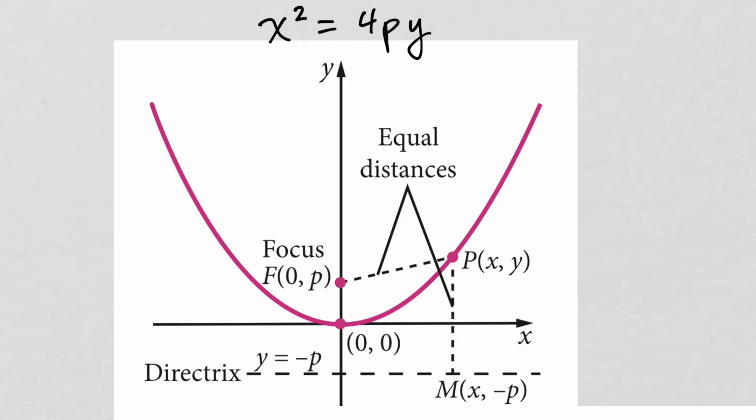Notice that the equation for this parabola is only dependent on p, and p is the distance between the vertex here and the focus here. As long as we know that, we know what p is, and we know the equation for the parabola.